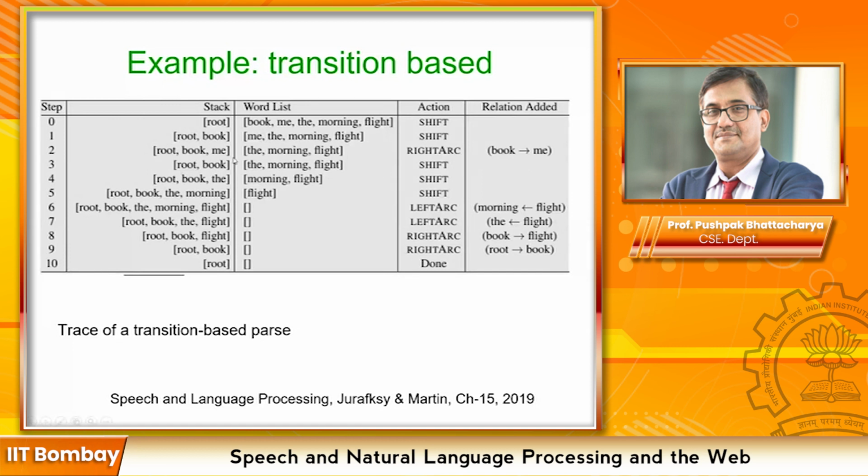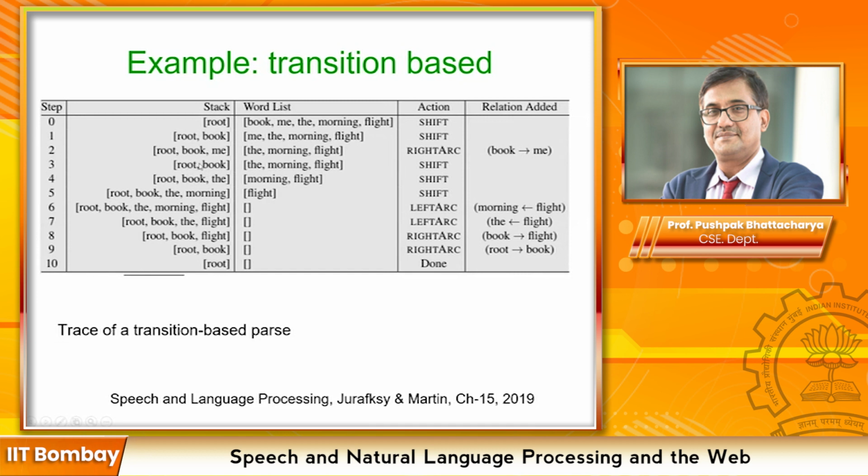There is no scope in the classical transition-based parsing for backtracking. Okay, but there have been modifications later, and in particular, probabilistic parsing, of course, is a totally different approach. Now I have the words the morning flight. I decide to shift. Why?